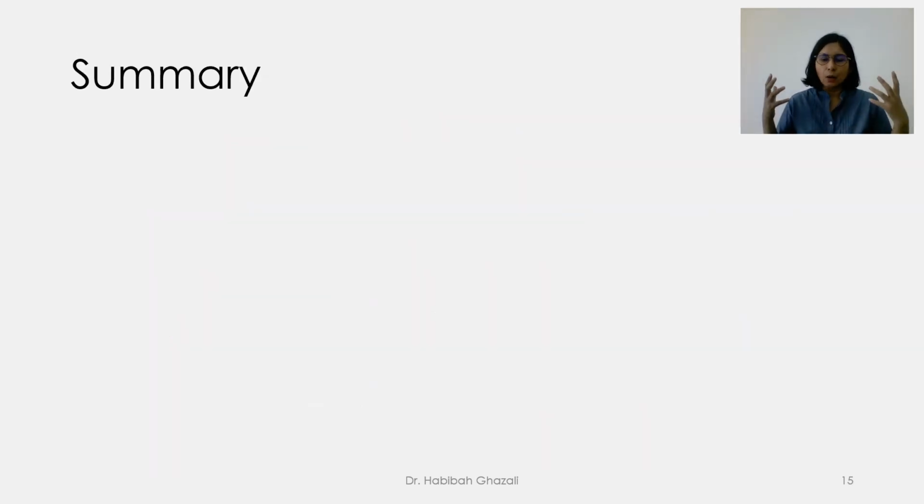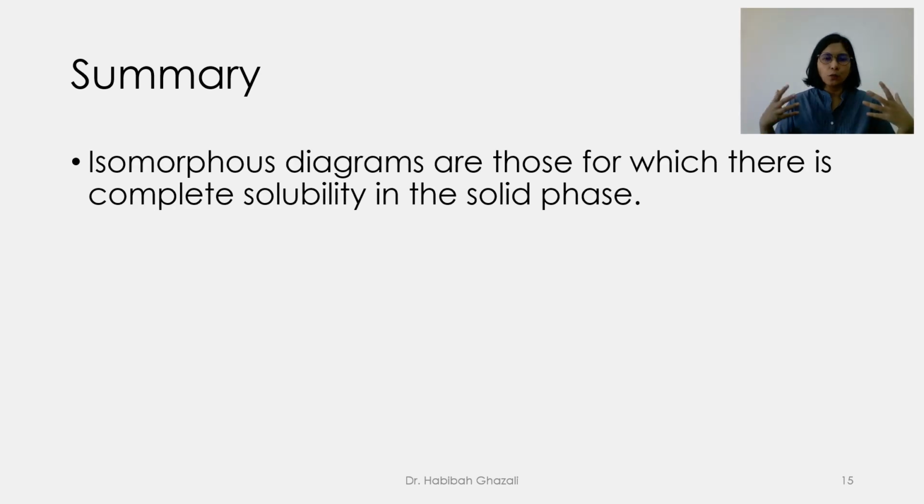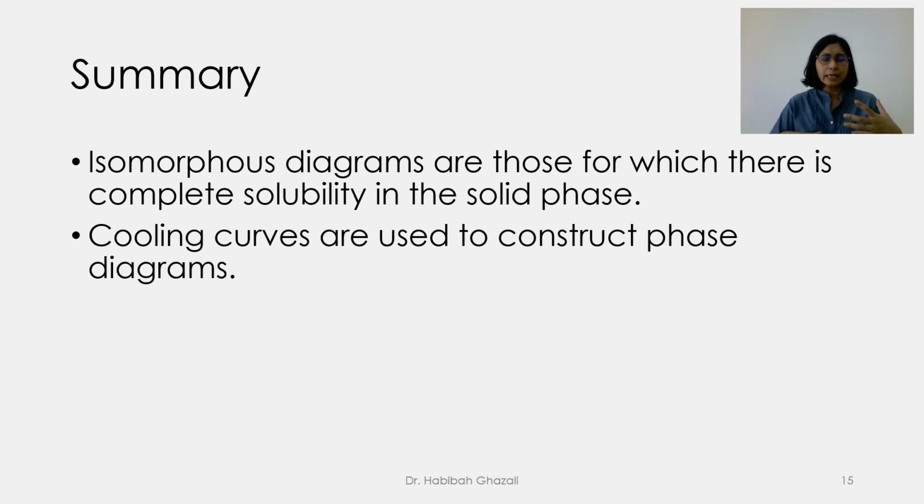So that ends our lecture in this video. In summary, isomorphous diagrams are those for which there is complete solubility between the elements that we add in the binary system, and in the end it will create a single solid solution. So there is complete miscibility between the two elements. The cooling curves are used to construct phase diagrams.